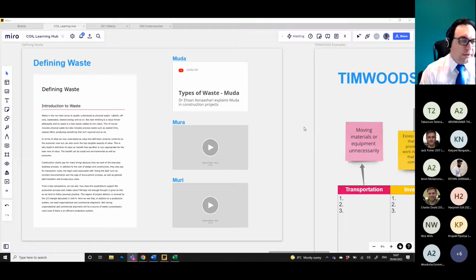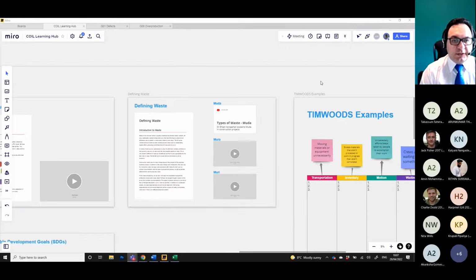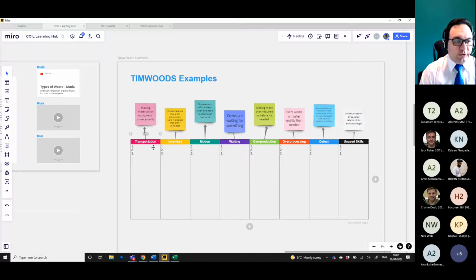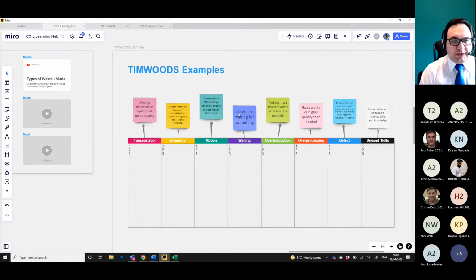As I put here, they define waste as muda, mura, and muri. These are 10 types of waste, but in these projects, we are focused on 8 types of waste that are TIMBITS. Physical wastes are products of these wastes.